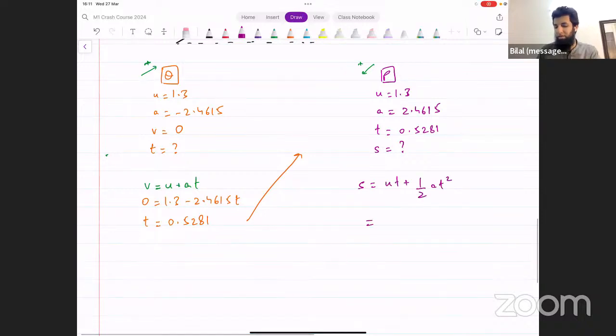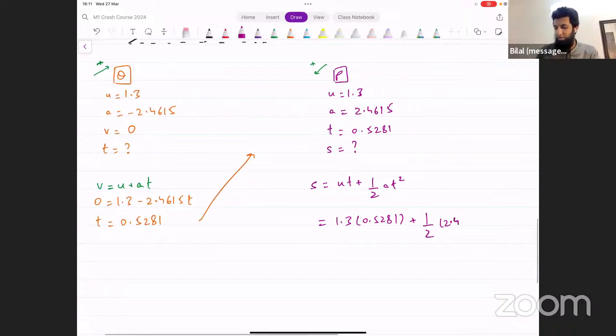Just input values in that. 1.3 times 0.5281 plus 1/2 times a, which is 2.4615, times 0.5281 squared.